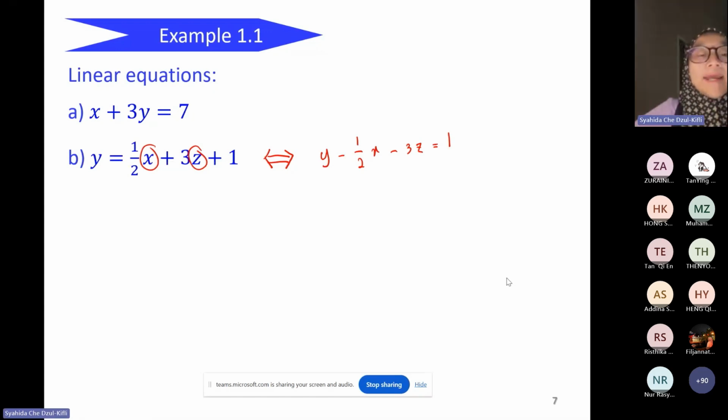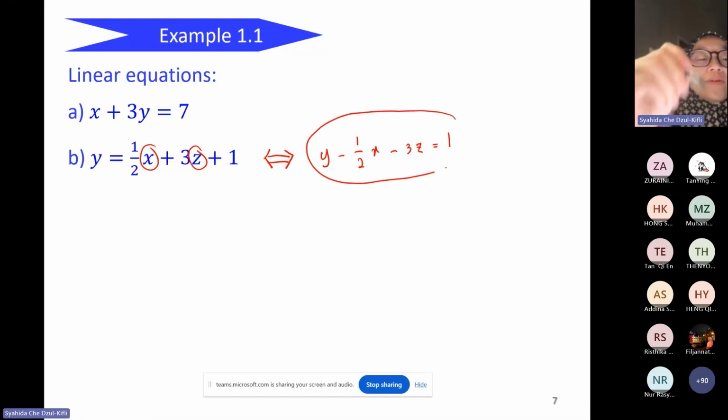Okay, and we can see that the new form of equation b is obviously in the form of the general form of linear equation, right? Where we have variables x, y, and z.